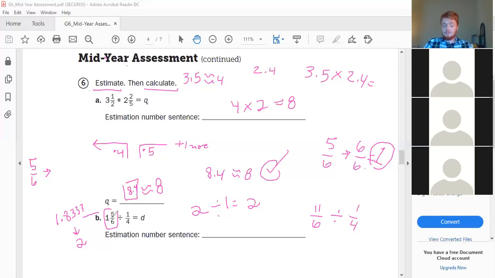Do you guys remember how to do mixed numbers and improper fractions? Do you guys remember how I got this, 11 over 6, from that? Maybe? I'm also going to erase some of this because I don't want all of this stressing you guys out. There's a lot going on.